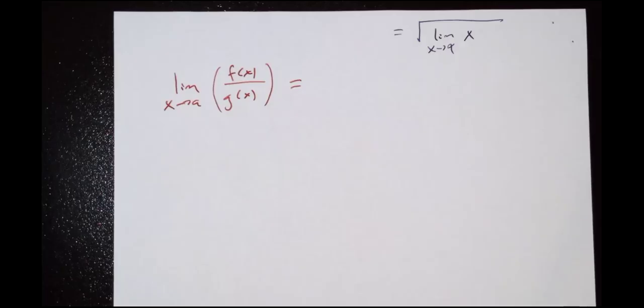What should the right half of this be? What's the appropriate expression on the right half of this set? If I have f of x over g of x, is there a way I could think of that as multiplying?